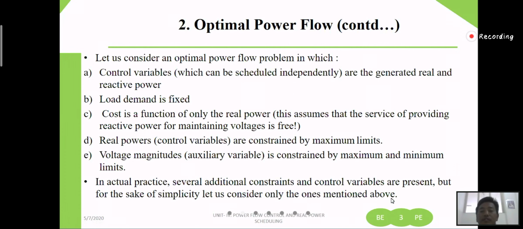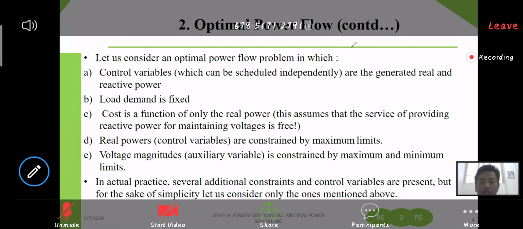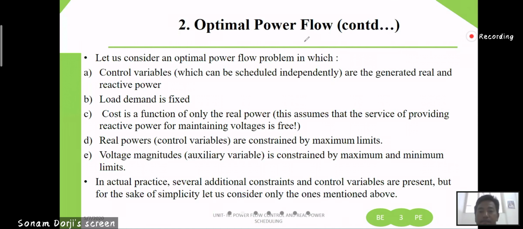Okay, so for now, let us consider an optimal power flow problem.